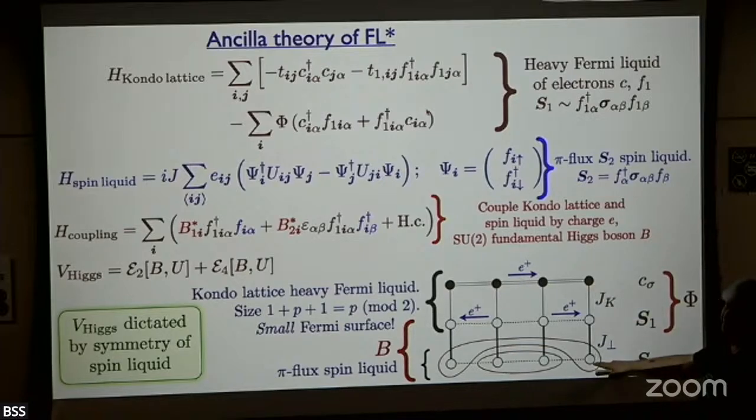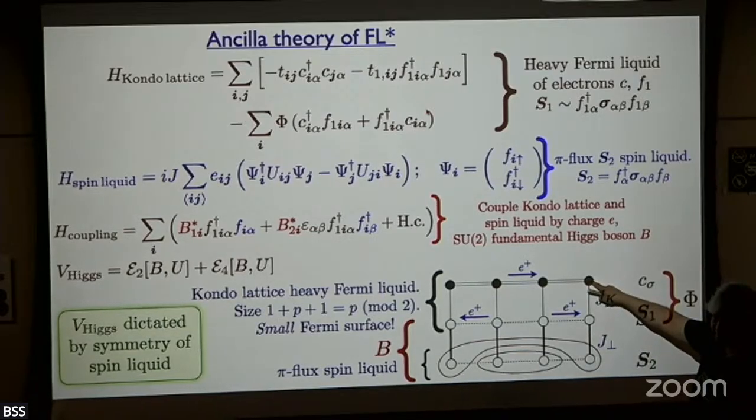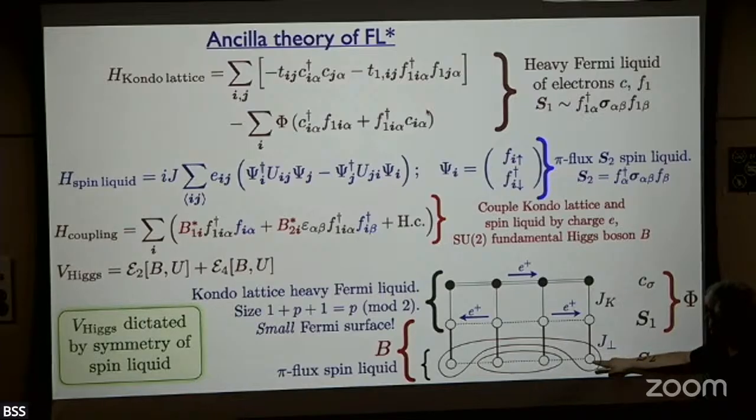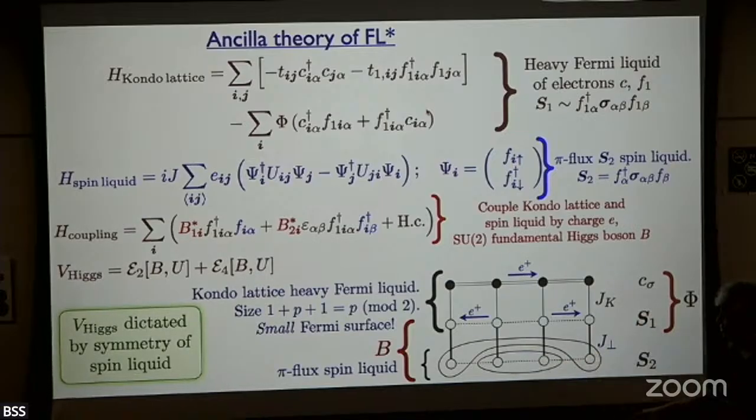S2 has a ferromagnetic coupling, because this is antiferro, so the effective coupling is ferro. So the ferromagnetic coupling flows to zero, and these spins become free as far as the top two layers are concerned. What they're going to do is form singlets within themselves. This one is strongly coupled, strongly relevant, so they'll form a Kondo lattice.